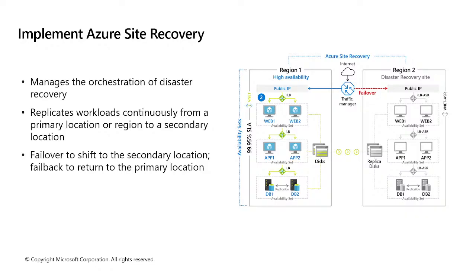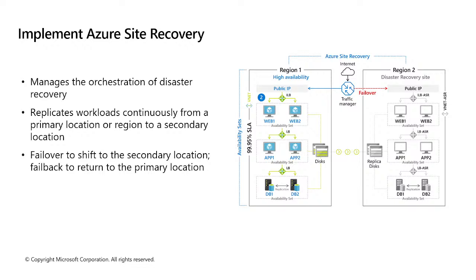What this does is replicate your workload to a secondary location, so that if there is any failure within that particular region, your workload within the secondary region will kick in. So it's a failover to the secondary region.